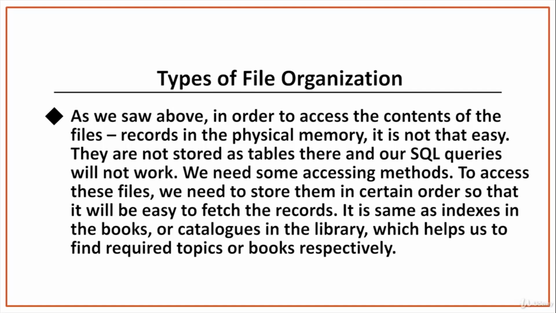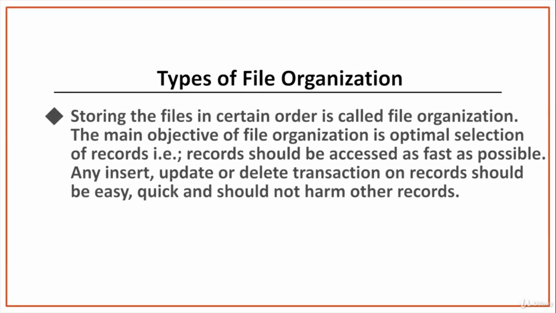It is the same as indexes in books or catalogs in a library, which help us to find required topics or books respectively. Storing the files in a certain order is called file organization. The main objective of file organization is optimal selection of records, that is, records should be accessed as fast as possible.